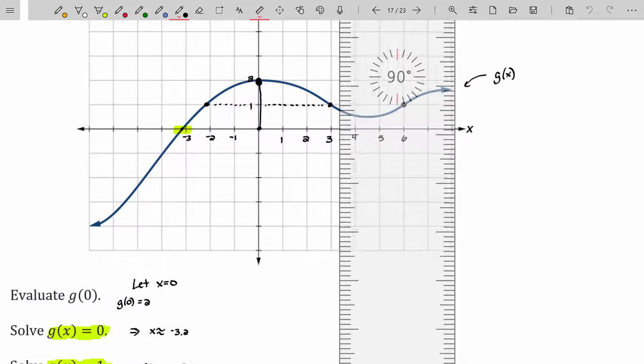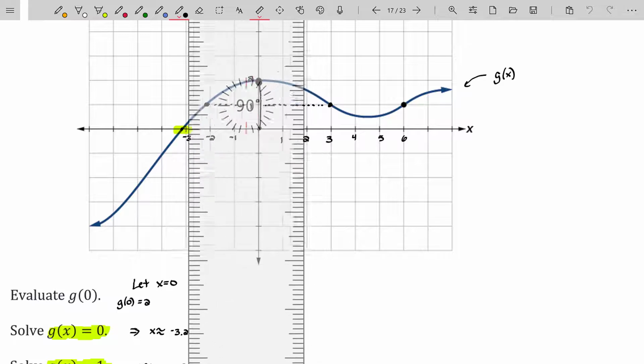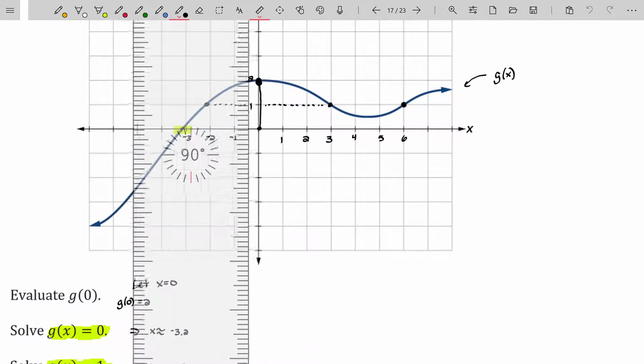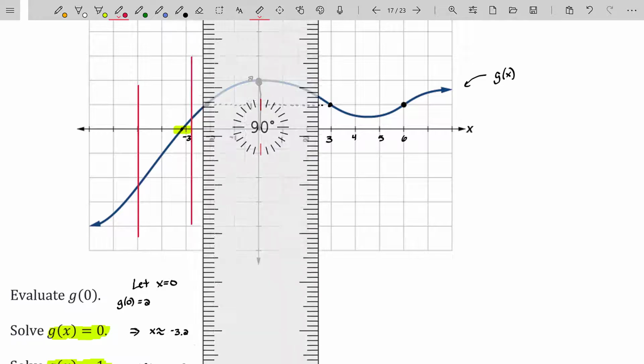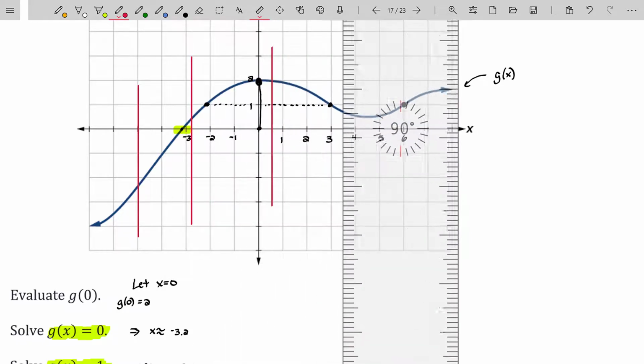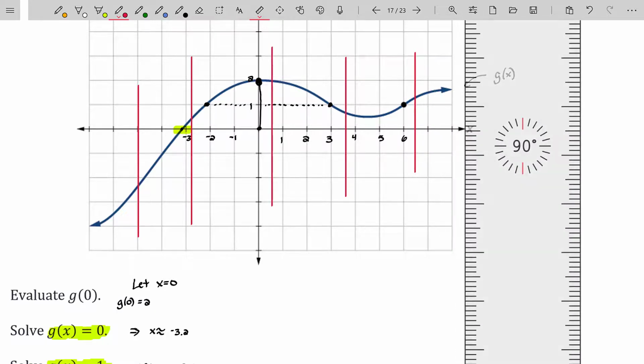If I place this vertical ruler anywhere, notice it will only intersect the curve once. No matter where I place it, it intersects the curve only once, at most once. In other words, it will not strike the curve more than once. So this is definitely a function because it passes the vertical line test.